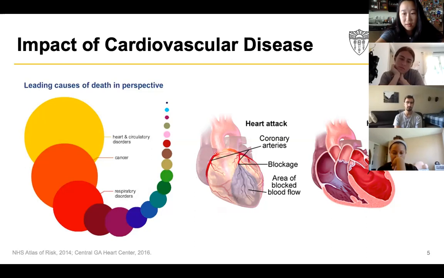Because of this, and because the heart can't beat as well, less blood is pumped to the rest of the body, and that ultimately leads to a decreased quality of life and ultimately death over a long time. So in the United States alone, this kind of failure affects over 5 million people and costs the US $116 billion annually. So it's really important for us to address this and figure out ways to create better therapies.